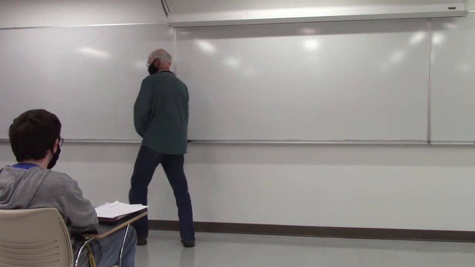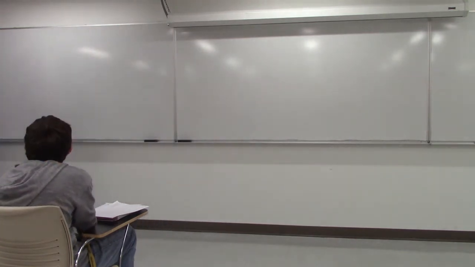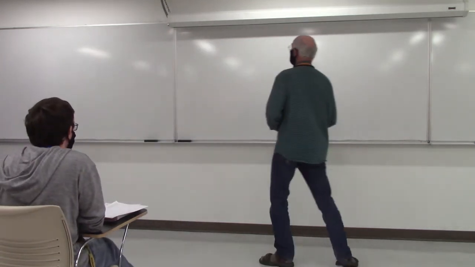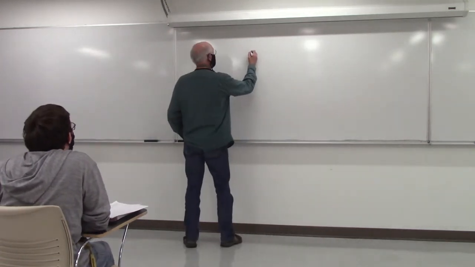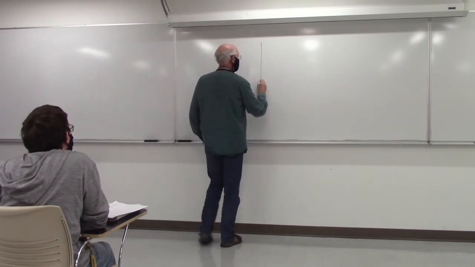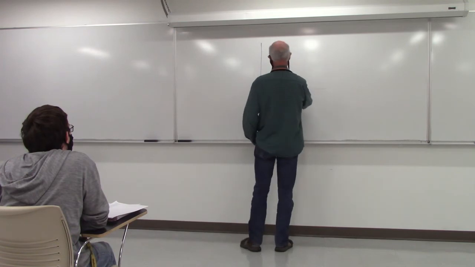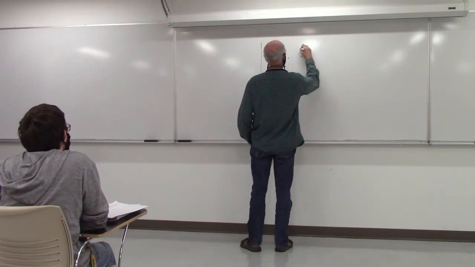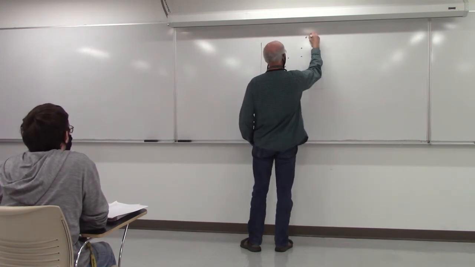Let's talk about canonical discriminant analysis. All right, what we did last time was a principal components analysis. And as an example, we used a lizard morphology data set.